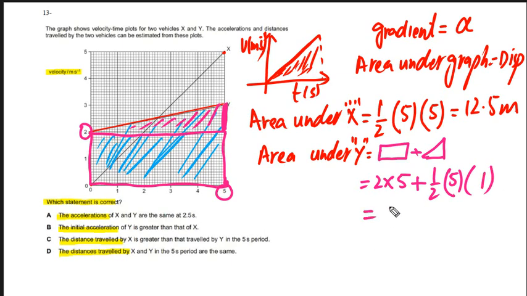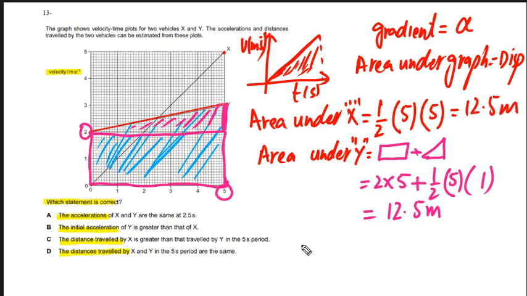If we simplify this, our answer again will be equal to 12.5 meters. So it simply means that the distance traveled by X is the same as the distance traveled by Y.